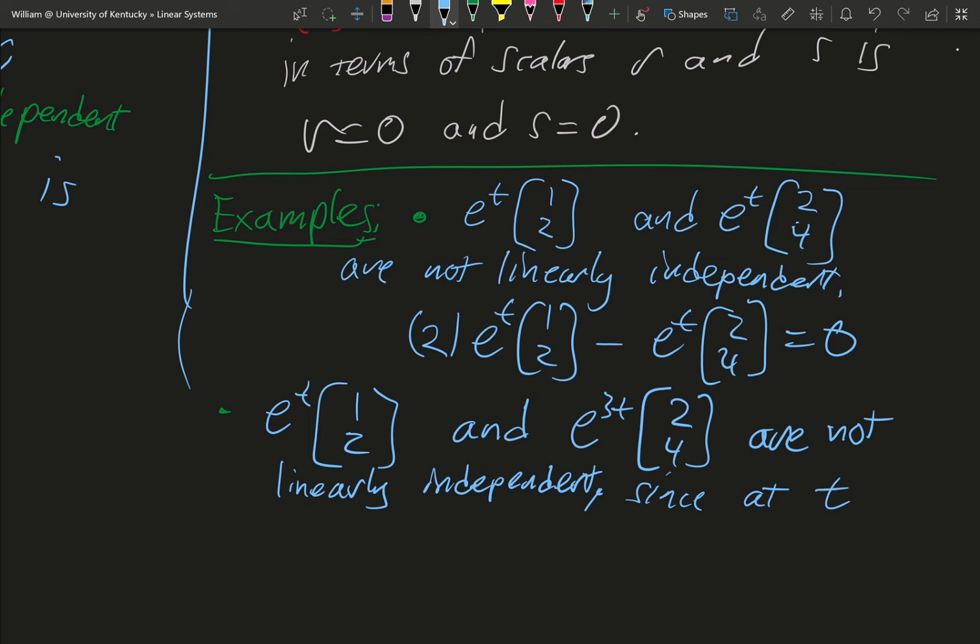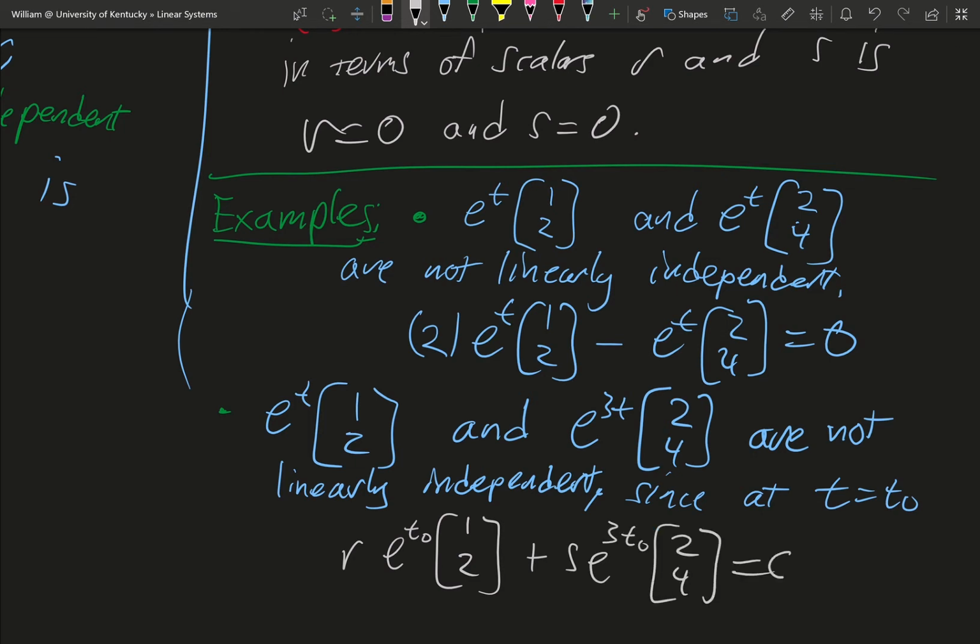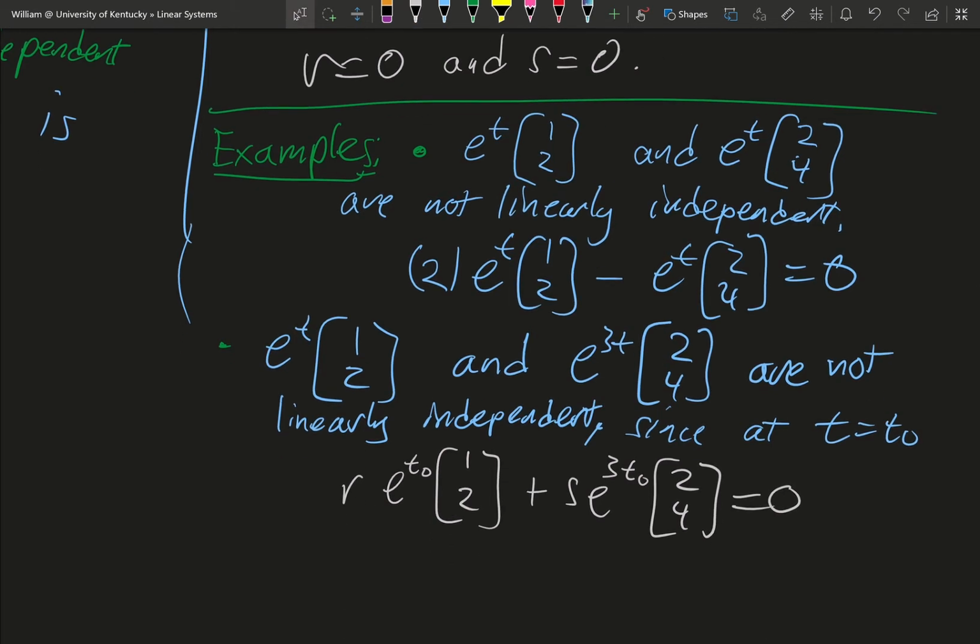Since, let's say I plug in t equals t0. Well, then I want to solve r e to the t0 plus s e to the 3t0, and if I pull out a 2, it's a little bit easier to see.